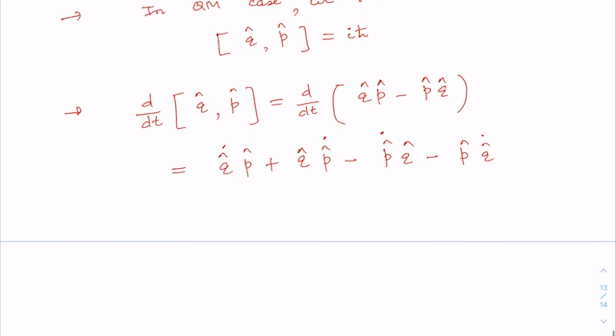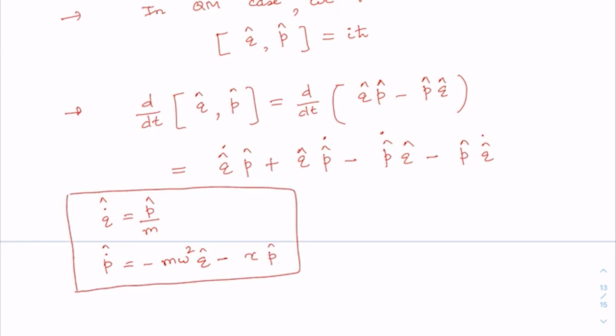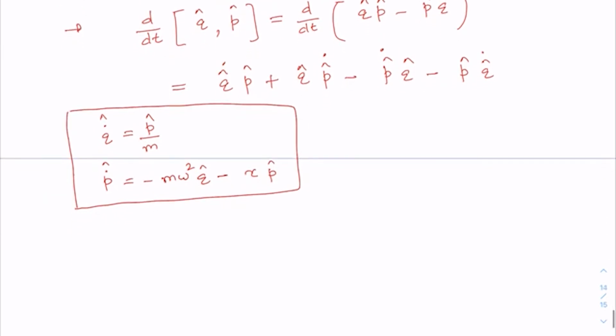Now, in analogy, if I take the quantum mechanical version of the classical equations, q dot is equal to p by m, and I have p dot is equal to minus m omega square q minus gamma p. So this is what we have, taking the analogy from the classical mechanics case, because now these variables will be operators. So I can now write d by dt of qp.